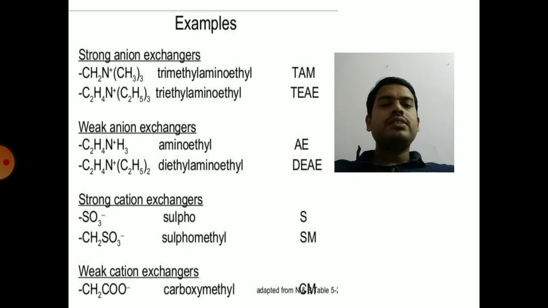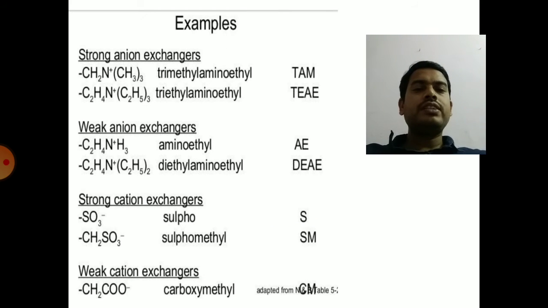So these are some examples of exchangers, like weak and strong exchangers. Strong anionic exchangers like TEAE, weak anionic exchangers like DEAE, diethyl aminoethyl cellulose.